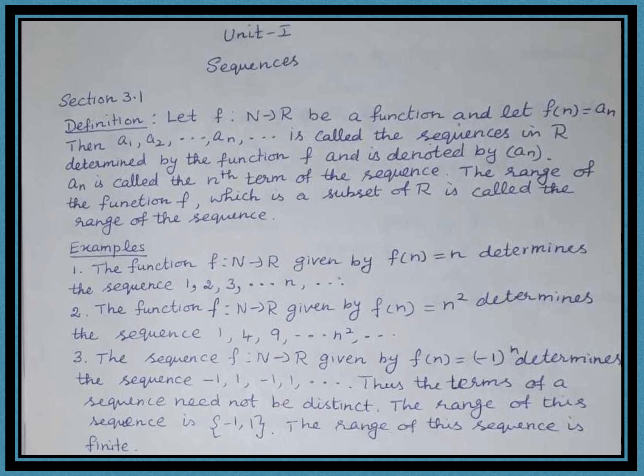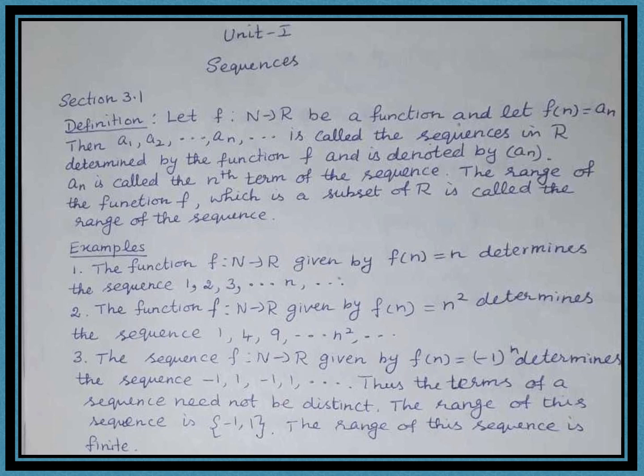So let us have the next example, f from N to R given by f of n equal to minus 1 power n. Whenever we take the n value as odd, we will have minus 1. Whenever n is even, we will have plus 1.